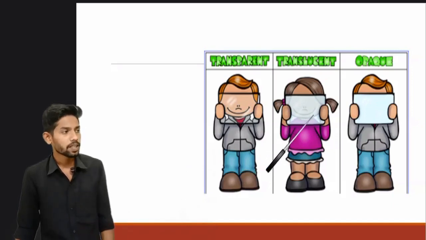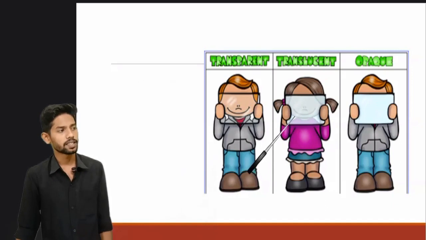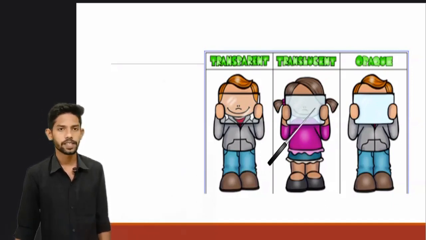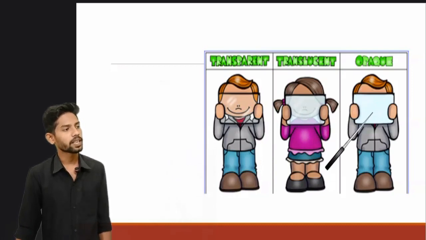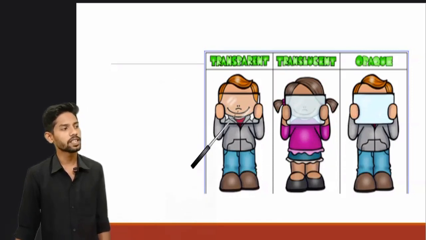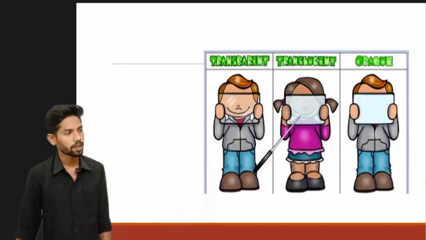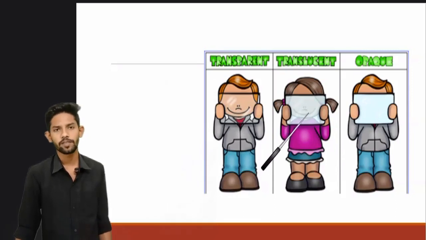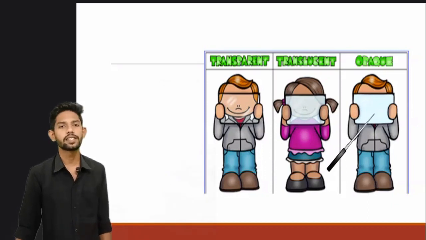Translucent means it is seen partially behind the girl, behind the girl's face. And in this opaque, nothing is seen, right? Only the glass he is carrying is seen. Just in this, see, you are looking at the chin and nose also. Here you are looking partially, half is visible, half is not. And here nothing is visible, a plain glass sheet is seen.